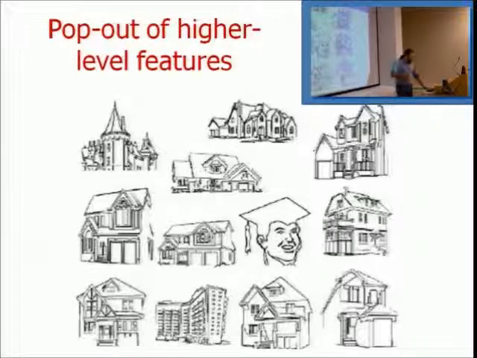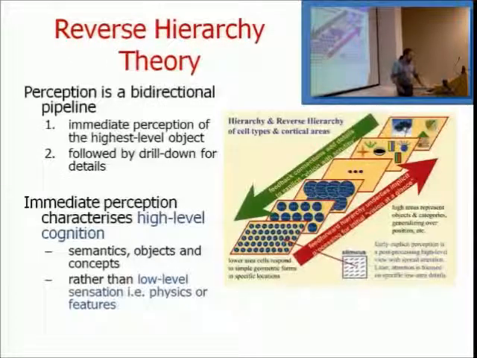So, to accommodate this contradicting evidence, there have been several explanations. One account is called the reverse hierarchy theory, and it describes perception as a bidirectional pipeline where, first of all, you build up a parsing using all the principles of parsing as high as you can.